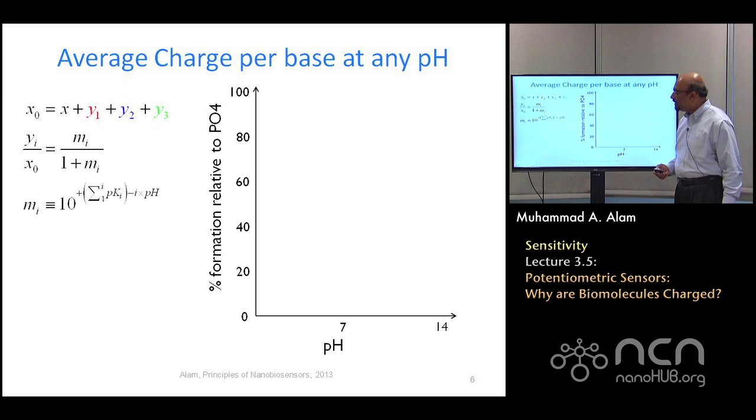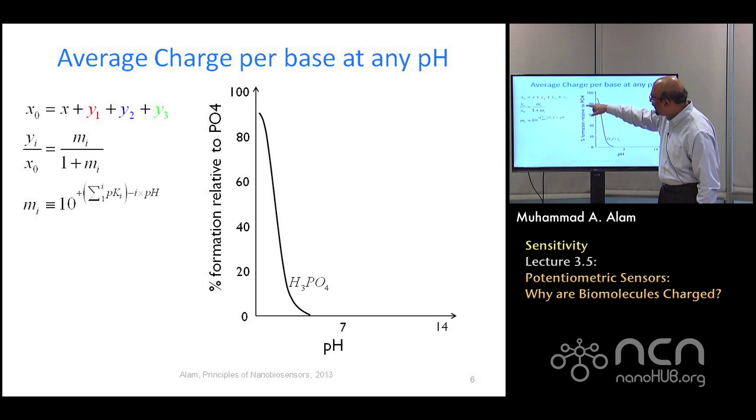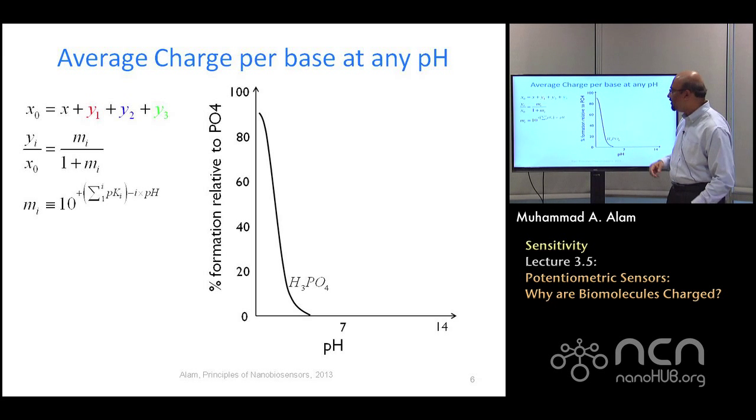And once you have this, you can plot this very beautiful curve. It says that as a function of pH, the fraction relative to PO4, in the beginning, you had almost 100% H3PO4, nothing dissociated at that condition.